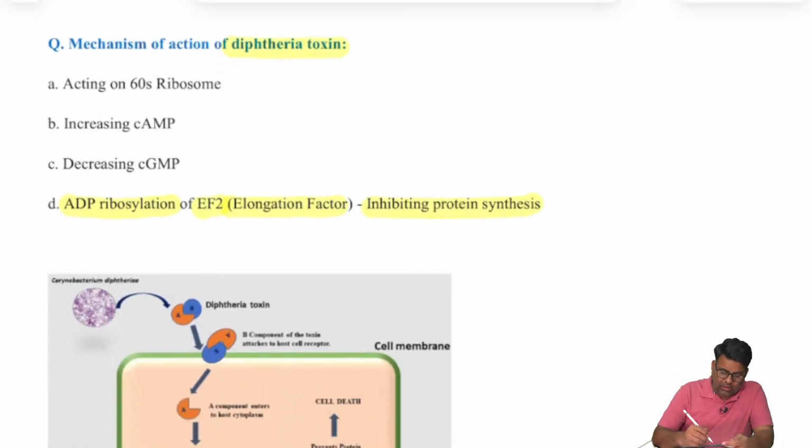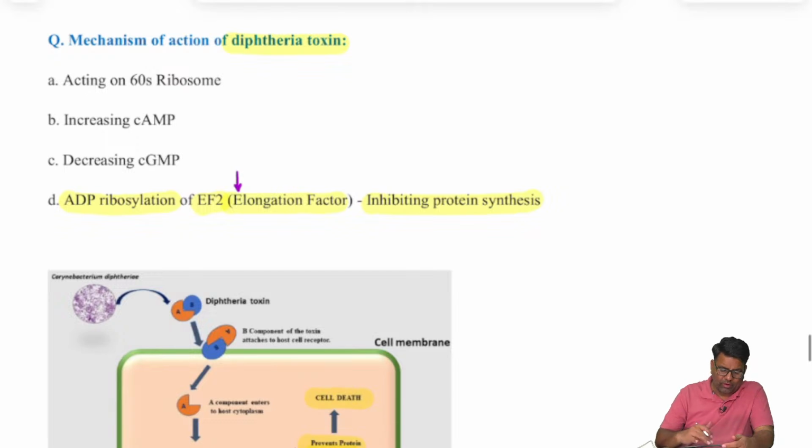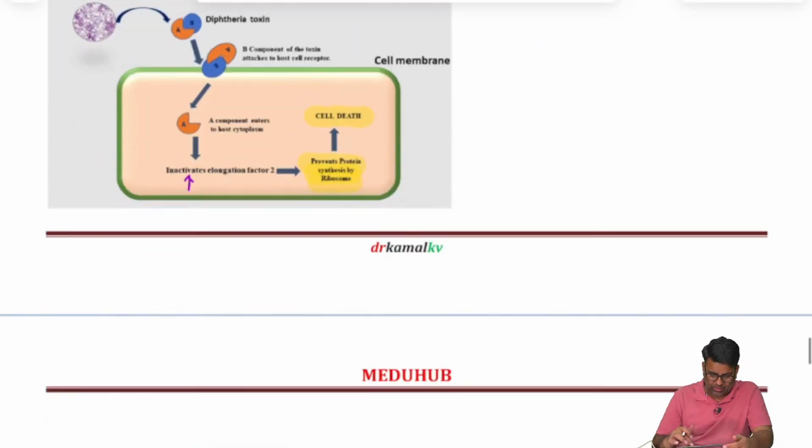So it inactivates elongation factor 2, and it prevents protein synthesis by the ribosomes, and this leads to cell death. So this is the mechanism of action of diphtheria toxin, especially affecting elongation factor 2. This is important in terms of diphtheria toxin.